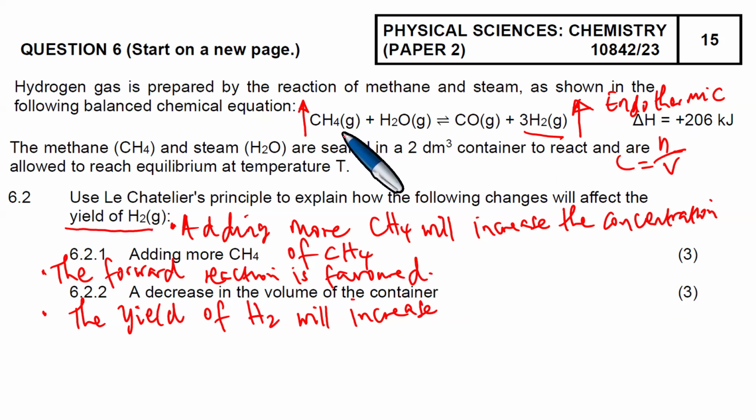When we increase the concentration of CH4, it means the forward reaction is favored. If the forward reaction is favored, it means we have more products. Okay. And therefore, the yield of hydrogen will increase.